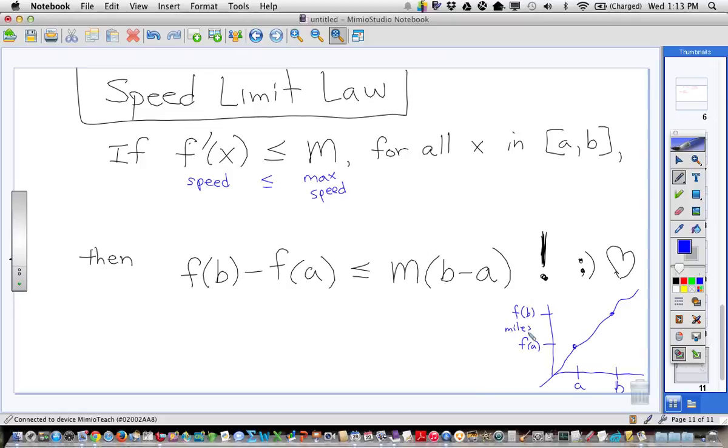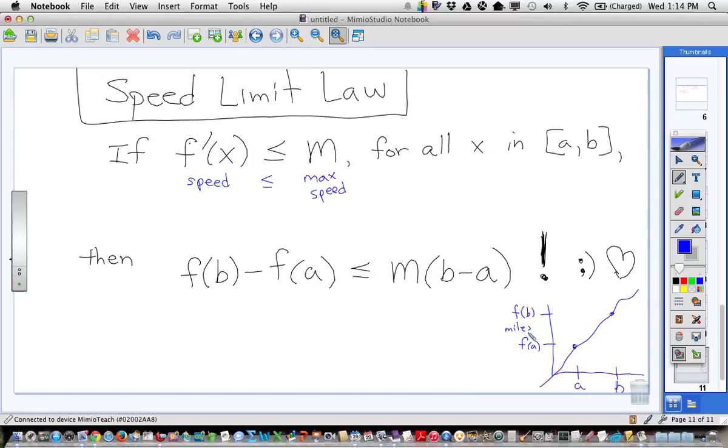Not quite. Distance I traveled? That's the closest thing I heard. It's the position at B. When's B? At the end. A is the beginning of our time period and B is the end. So f of B is my position at the end. What's f of A? My position at the beginning.